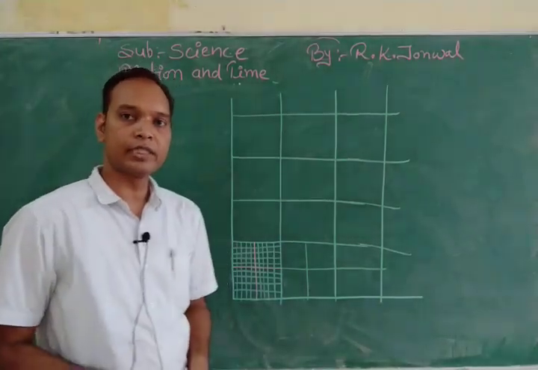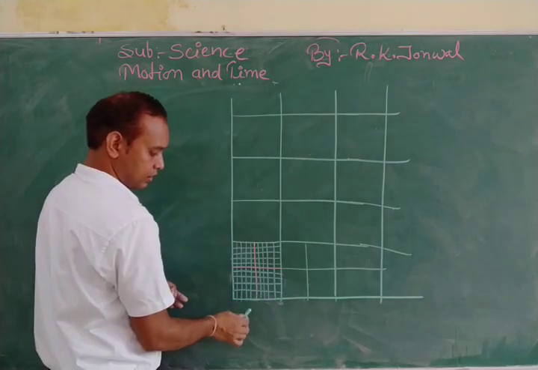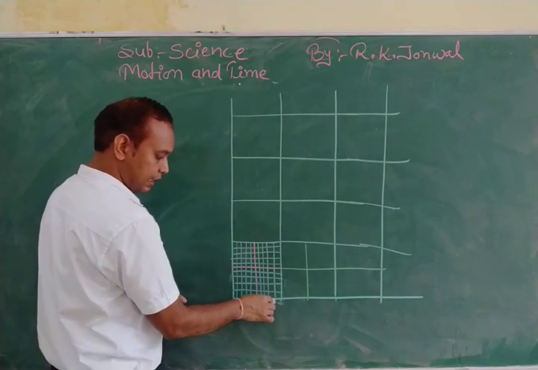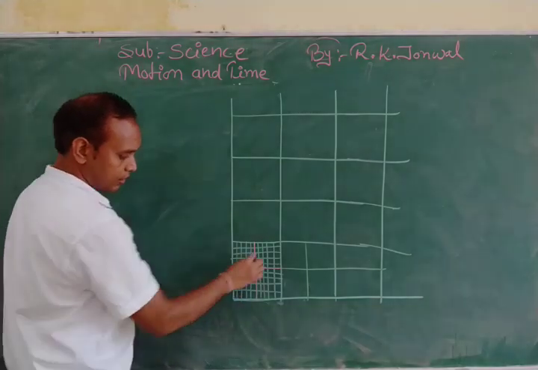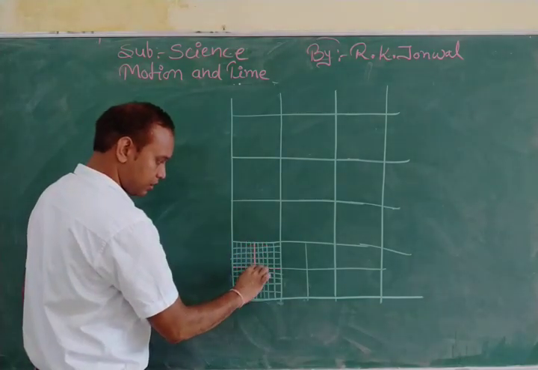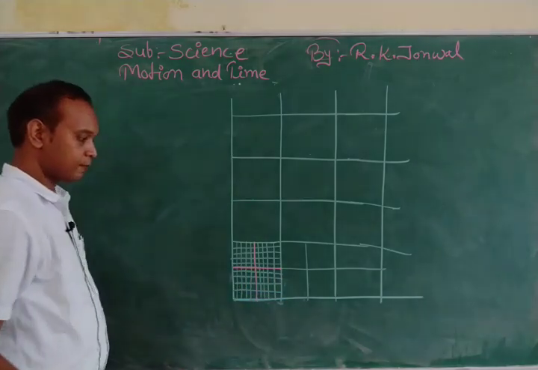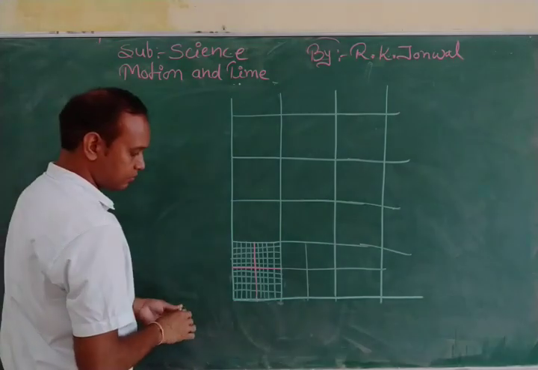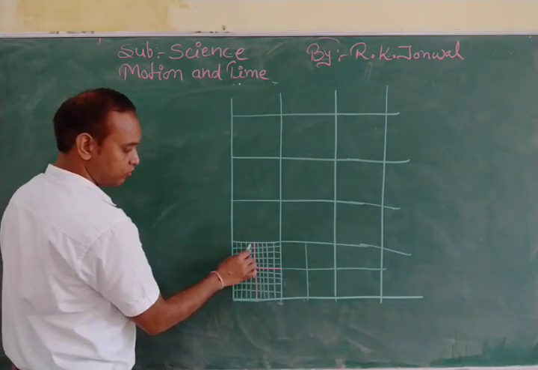So students, you can see here the graph paper is exactly like this. You can see here a pink line which is thicker in comparison to the other lines, and here are some small lines, small blocks, 1, 2, 3, 4, 5.